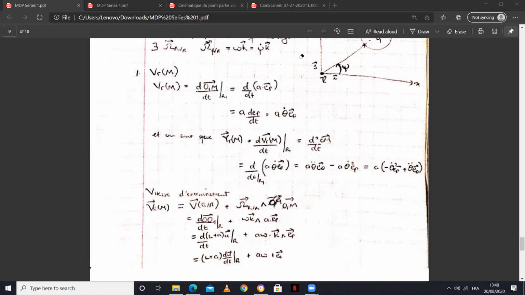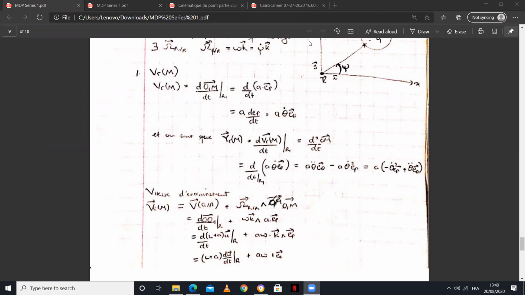You have the formula in your books. So this one, vitesse de OA dans R, because we are in R and we are calculating the vitesse of the point OA, we are going to use the vector position. The origin of the repère we're working in is O, and the point we are working with is OA. So the vector position is going to be OA. You see why it's important to know vector position?